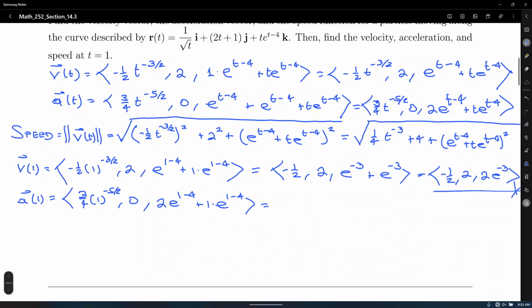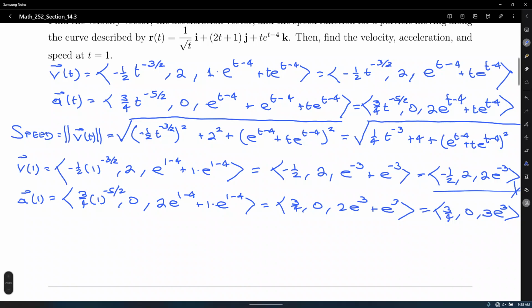And that equals, again, 1 raised to this weird fraction, negative 5 halves, that's still 1. 1 times 3/4, that's just 3/4. 0. And here, 2e to the 1 minus 4, that's 2e to the negative third plus 1e to the negative third. Combined together, 3/4, 0, 3e to the negative third. Okay? So that is our acceleration vector when t equals 1.